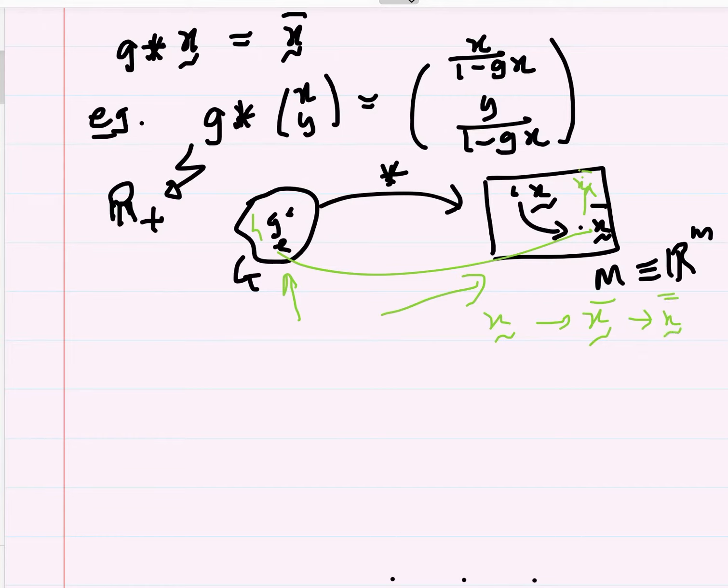And notice that on this manifold M, you're getting a point being transformed, transformed, transformed, and you're tracing a curve on this manifold. And this manifold could be R2, R3, R4, whatever.